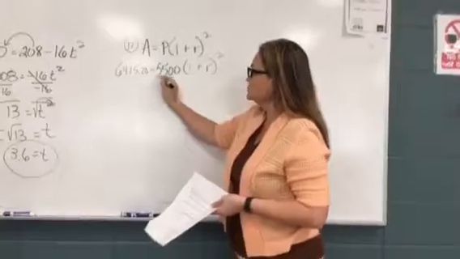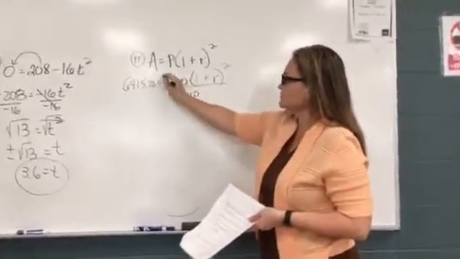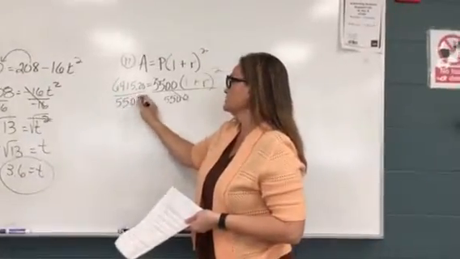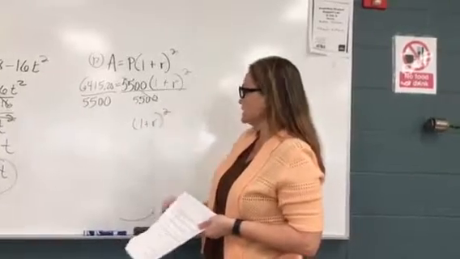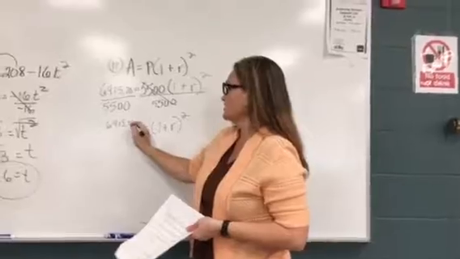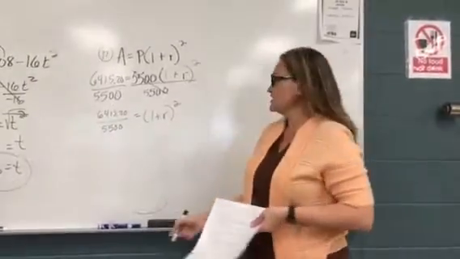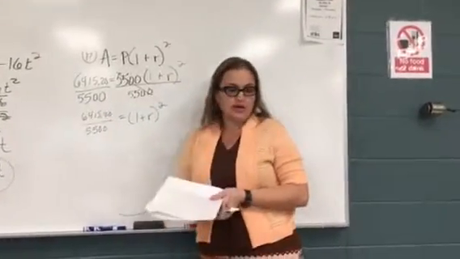So what I recommend you do first to solve this is divide by 5,500 to cancel that out. On each side, divide by 5,500. That leaves 1 plus r to the second equals, I'm really going to need my calculator now, so I'll get that in a minute. But it will equal whatever that division is. But let me proceed anyway, just know you can type that on your calculator.